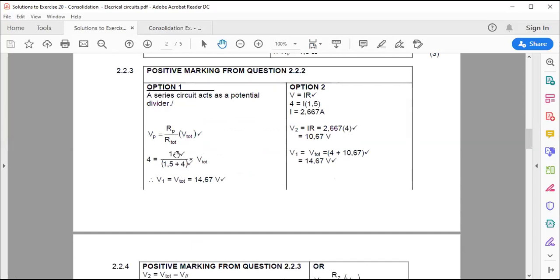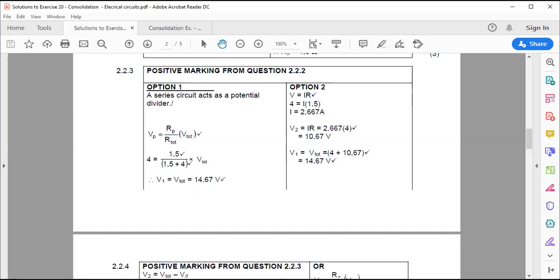I don't know if you understand this. Do you get this one here? They've made a fraction of the total to say R parallel over the total resistance multiplied by the voltage will give us the voltage of the parallel.